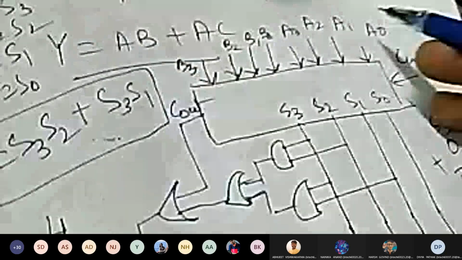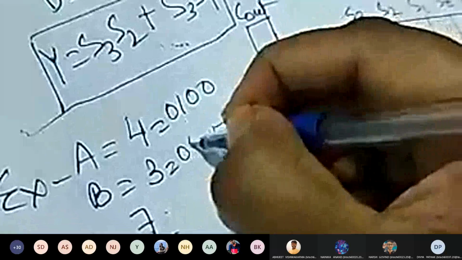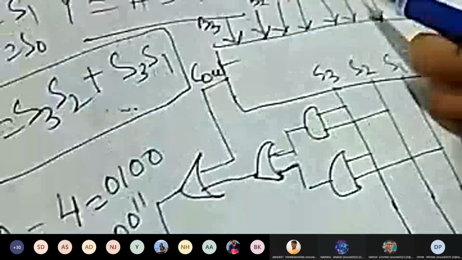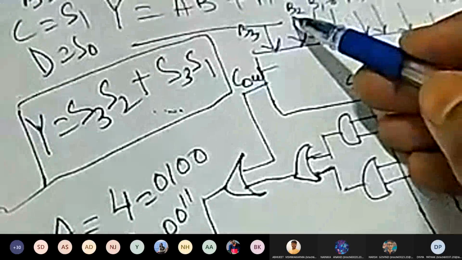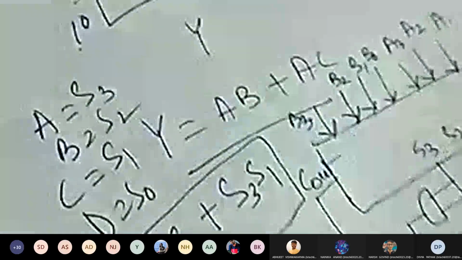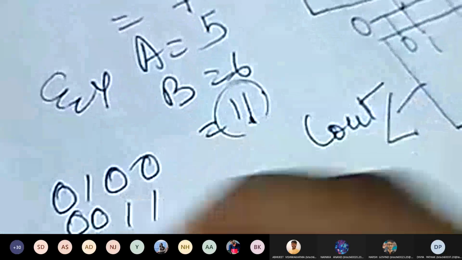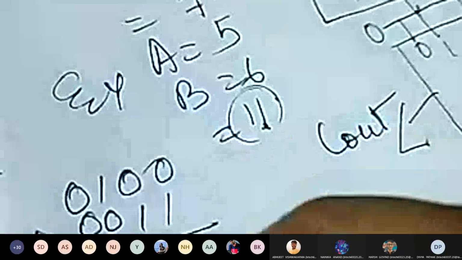Suppose A is 4, which means 0 1 0 0, and 3 means 0 0 1 1. So you write here 0 1 0 0, and here you write 0 0 1 1. You add it, so 0 1 1 1.